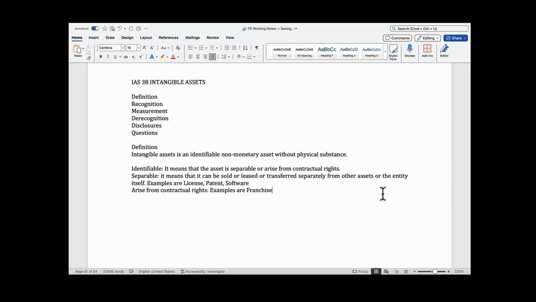Okay, and when we say franchise, we're talking about a right that you have to use another company's name. So if I am in Nigeria and I want to start selling Toyota products, I can enter into a contract with Toyota that they should make me an authorized dealer.